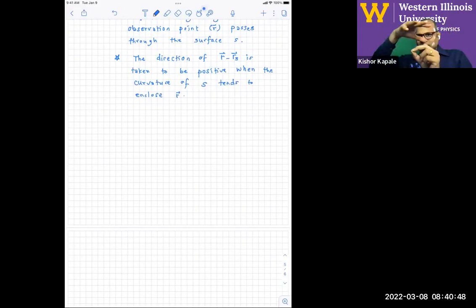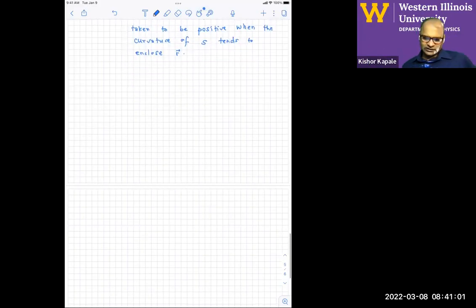So you want a curved surface that's enclosing. If you have a spherical shell, for example, and you're trying to find the solid angle for that, and you are inside, it's going to be positive. If you're outside, it's going to be negative. Okay, so that's going to be important.